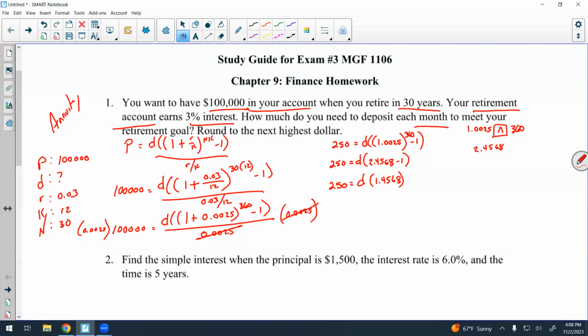Divide both sides by 1.4568. And I get D equals $171.61. Round to the next highest dollar.